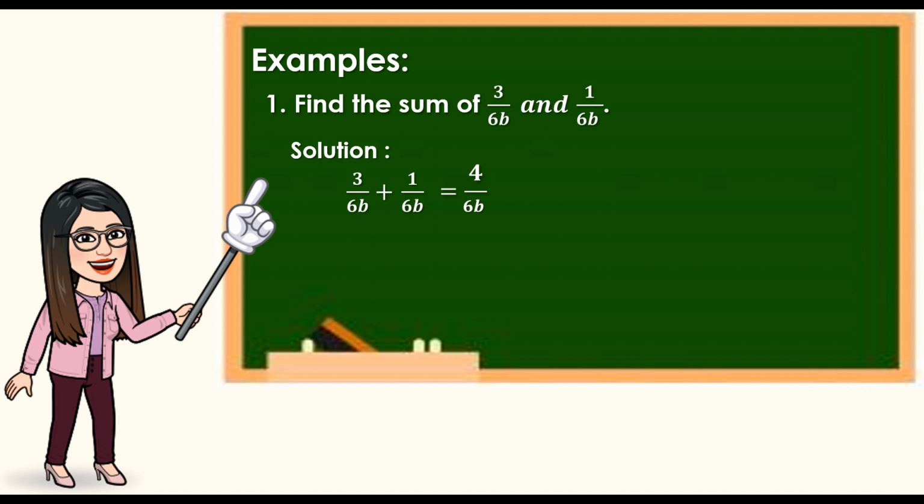And as you can see, we can still simplify the expression 4 over 6b because 4 and 6 have a common factor. And their common factor is 2. 4 divided by 2 is 2, and 6 divided by 2 is 3. So therefore, we have 2 over 3b as our final answer.